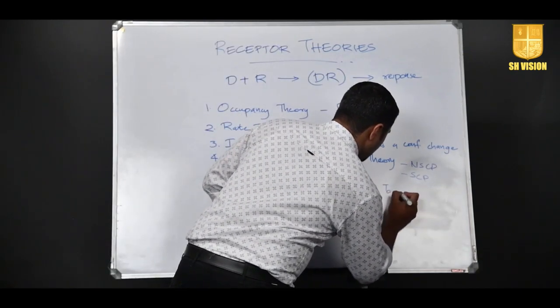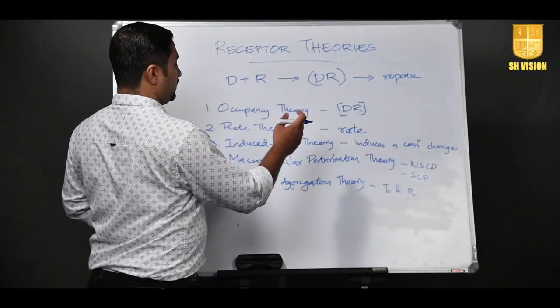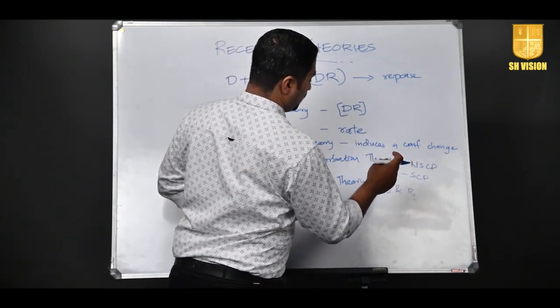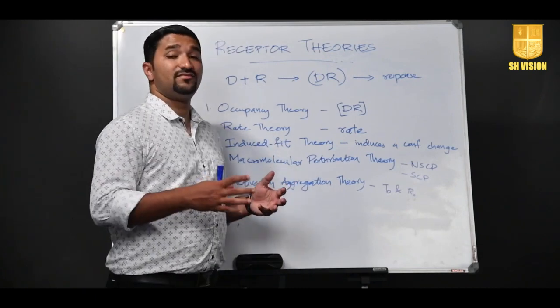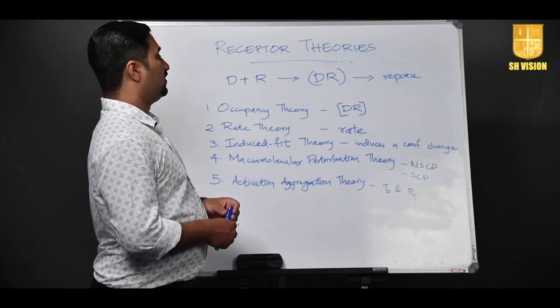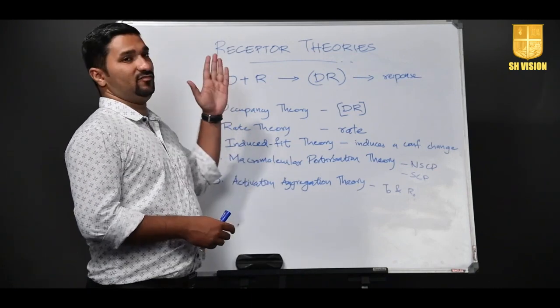So T0 and R0: if the drug binds to T0, you will get no response. If the drug binds to R0, you will get a response. Now these are the 5 major receptor theories explaining the interaction of a drug with a receptor.